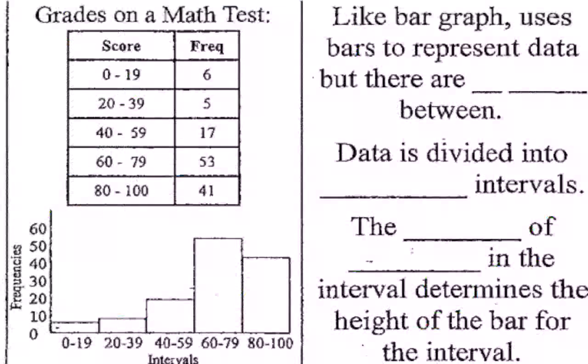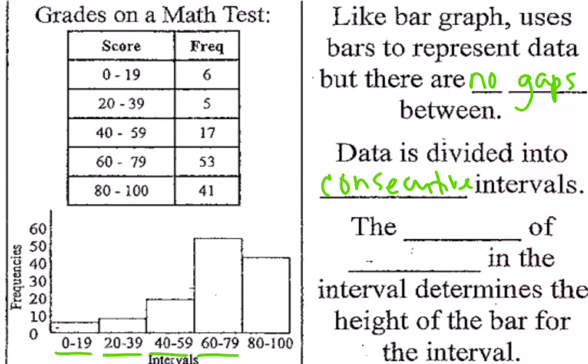Moving to the right, this looks something like you've seen before, like a bar graph, but the difference is that there are no gaps between the bars on this. And my data is divided into consecutive intervals. So if you look at the labels at the bottom, they're all grouped.